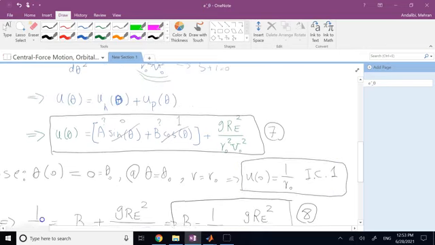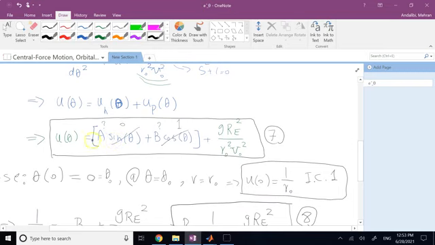So now for that, I need to look at the derivative of u with respect to theta, and at time 0, it should be equal to 0. Well, derivative of u with respect to theta, this constant term is going to go away. Derivative of a sine is going to be a cosine. Derivative of b cosine is negative b sine. And if you plug in 0 in it, because theta of 0 is 0, this negative sine term would go away.